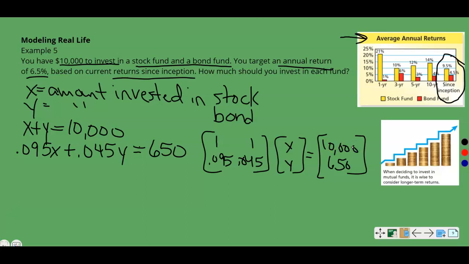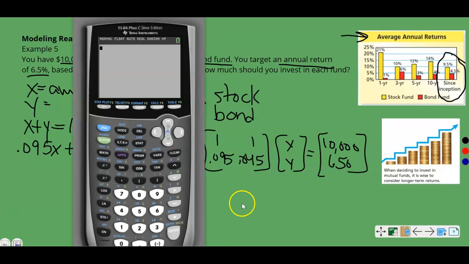Then I'm going to plug that in my calculator. I'm going to pause the video just a second so I can plug these matrices in, and then we will see if we can solve for X and Y.